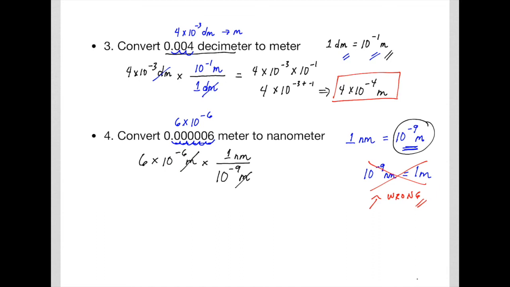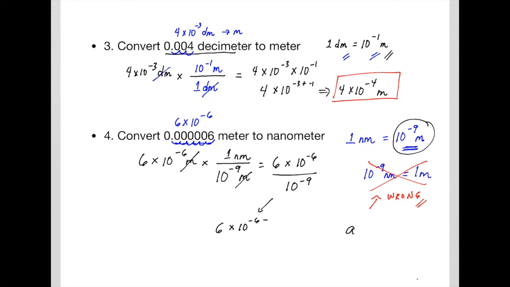So, what will be my solution? That would become 6 times 10 raised to negative 6 divided by 10 raised to negative 9. Now, how do we do this? So, that would become 6 times 10 raised to negative 6 minus, remember this concept.